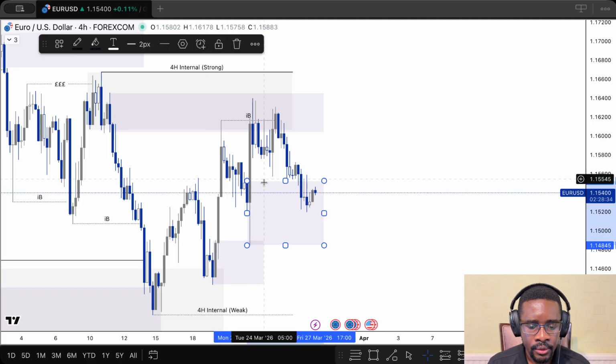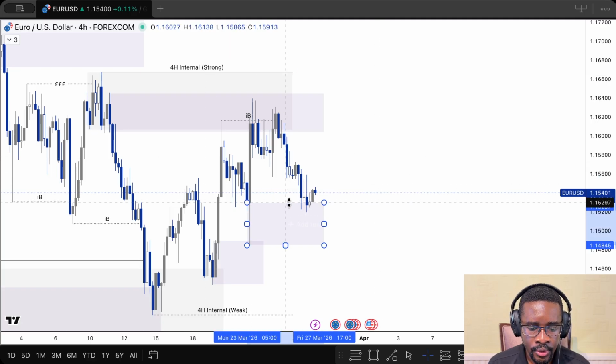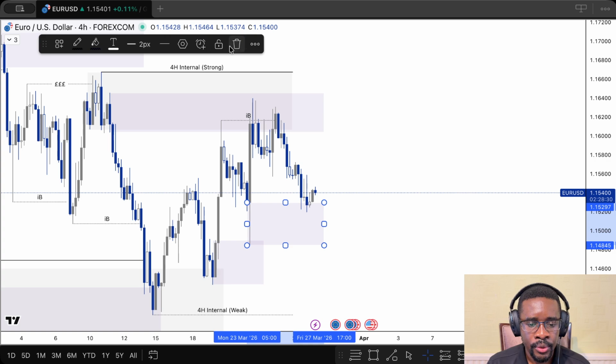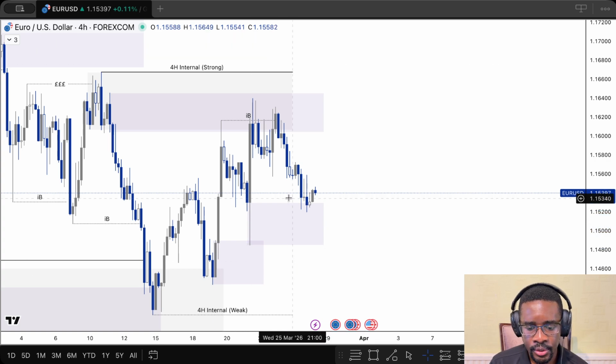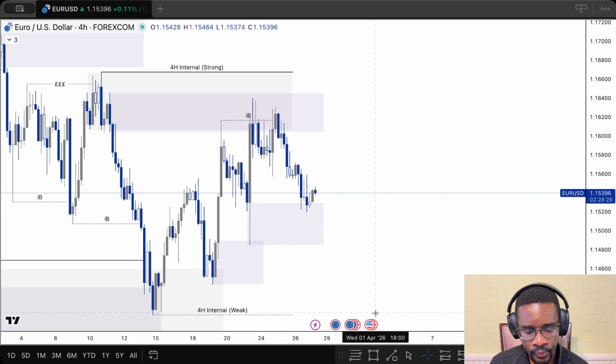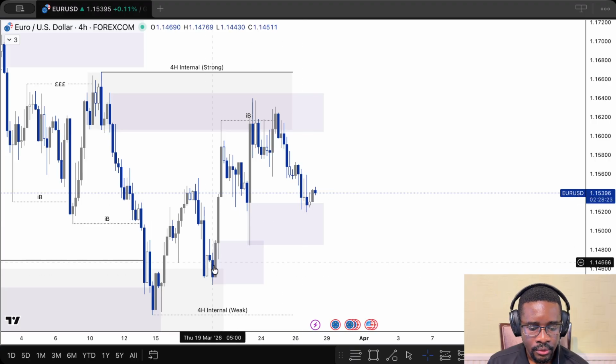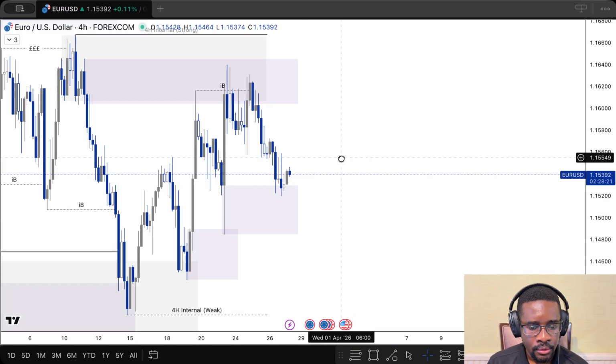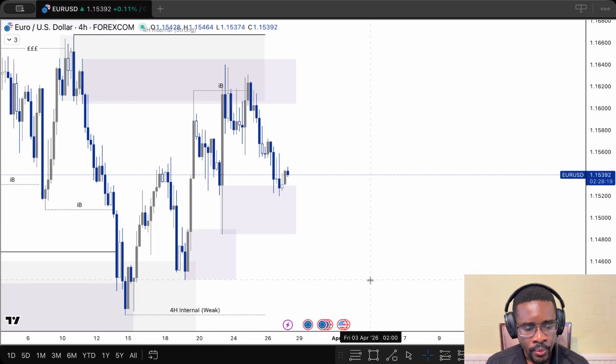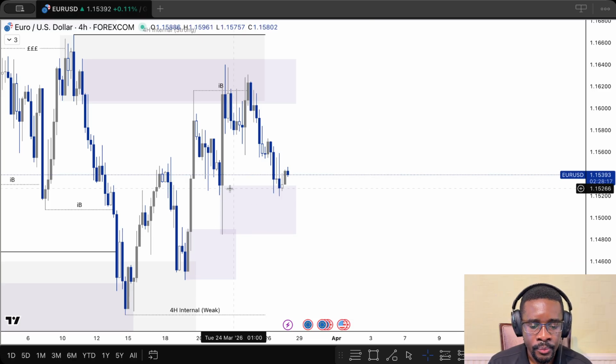So if we look at it, I can say we do have this week, which is where price has now reached and mitigated. So this is what we're seeing on the 4-hour. Price is in this lower range of the week, of this large week.